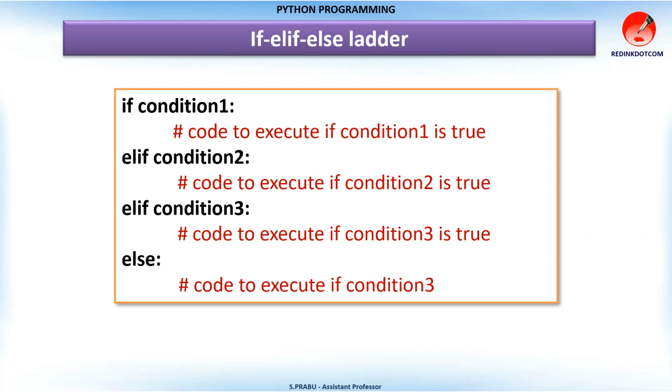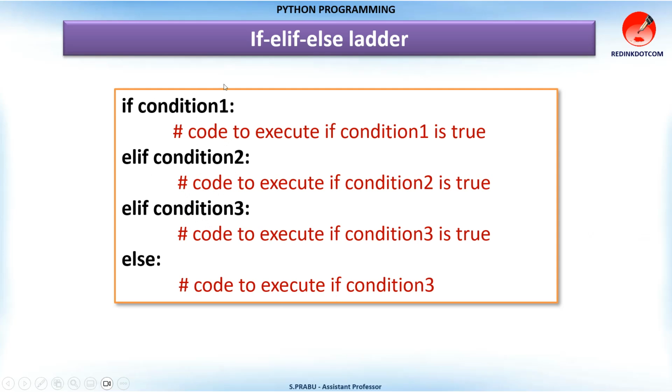For continuous condition checking, the first if statement checks the first condition, then else if, shortly called elif, checks the second condition. We can add many elif statements to check any number of conditions, and finally, if all these conditions are not satisfied, the final else block code is executed.